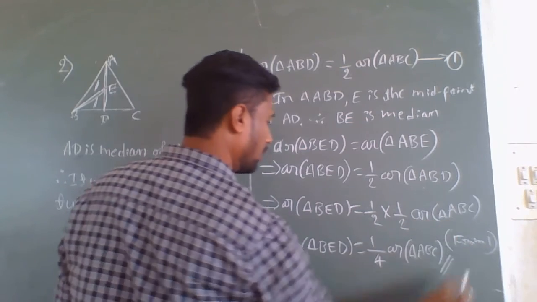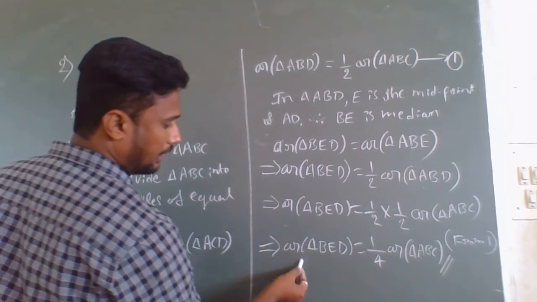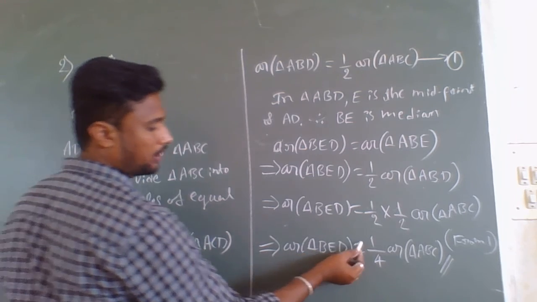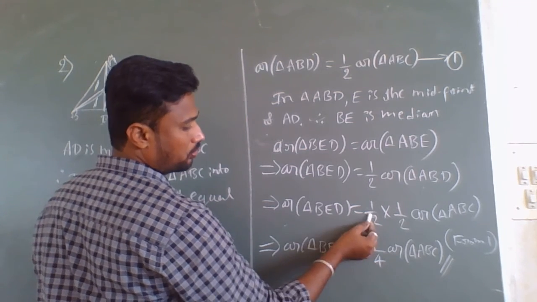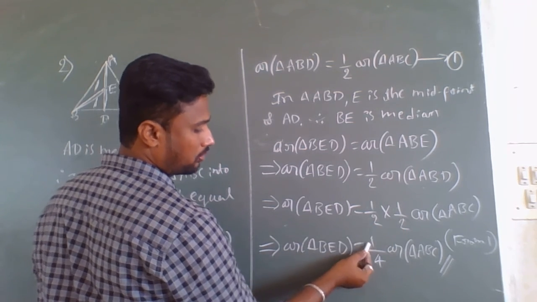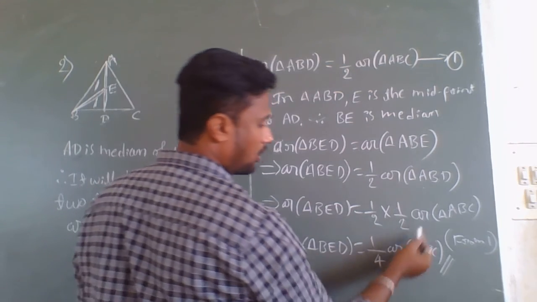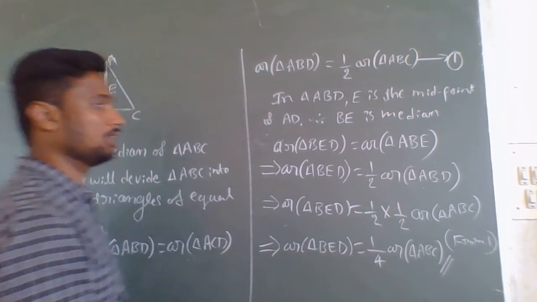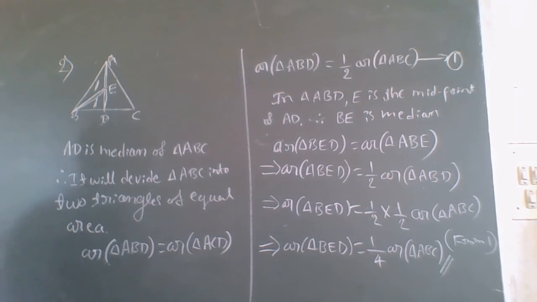This is from 1. So finally area of triangle BED means 1 by 2 into 1 by 2, which gives 1 by 4 area of triangle ABC. Hence we proved it.